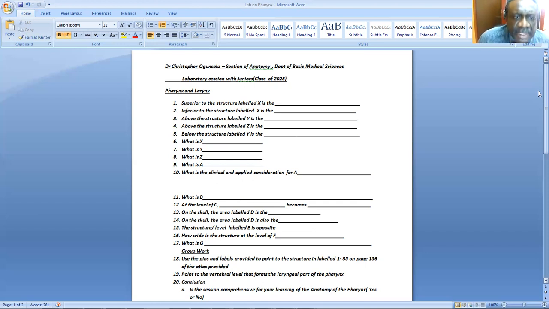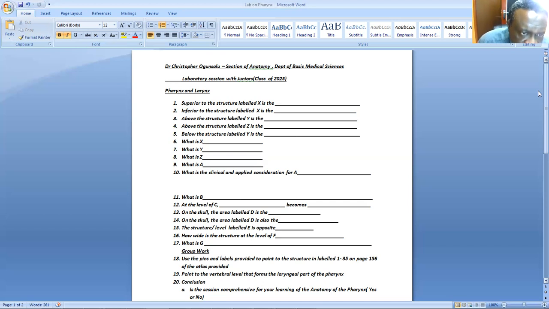All right. Now, let us focus on label X, and knowing fully well that X, which is the soft palate, is the partition between the nasopharynx above and the oropharynx below.